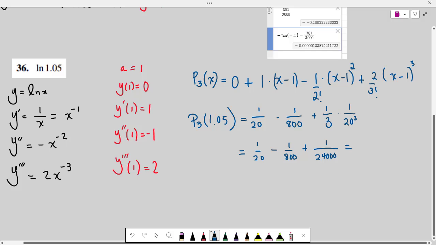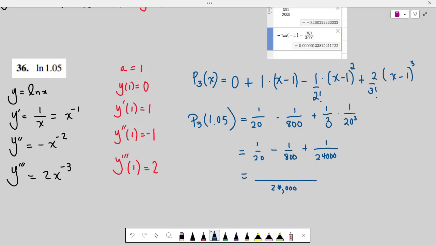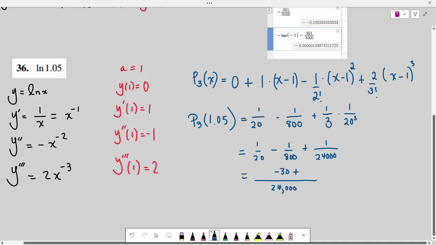Okay, now we just have to combine those together. Common denominator is 24,000. This one's going to be multiplied top and bottom by 30. So we're going to have negative 30 plus 1.